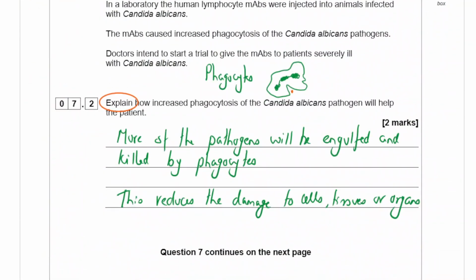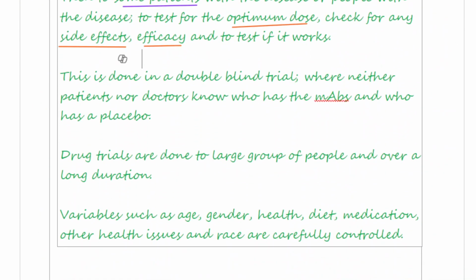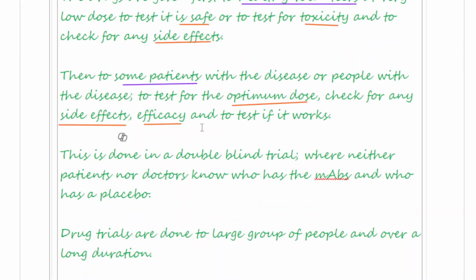Now, going back to the last question. This 6-mark question again, the answer feels much shorter than the answer that is required for the 4-mark question on the previous question.